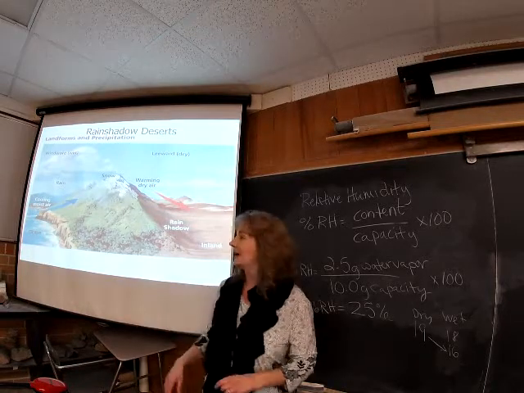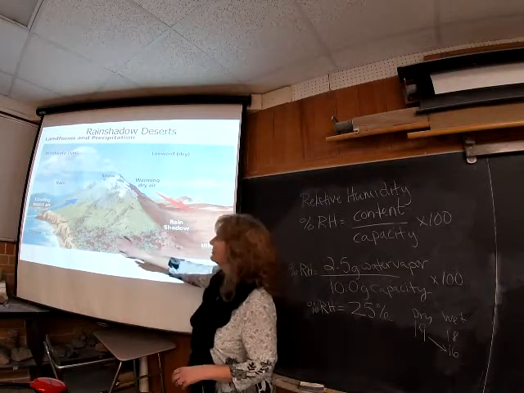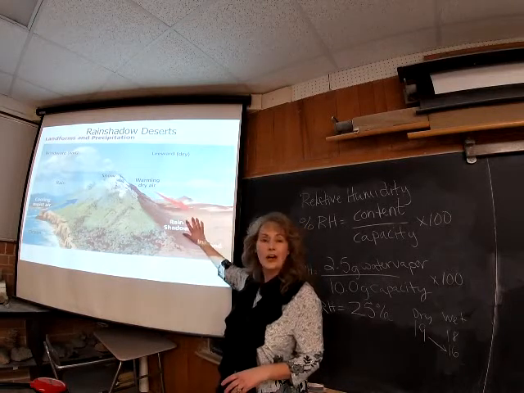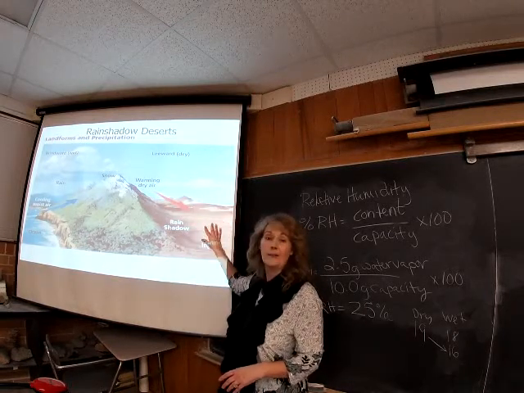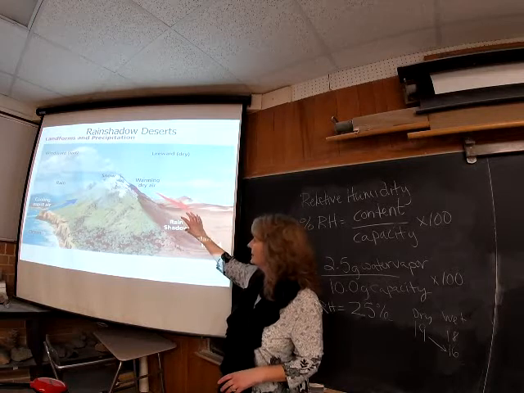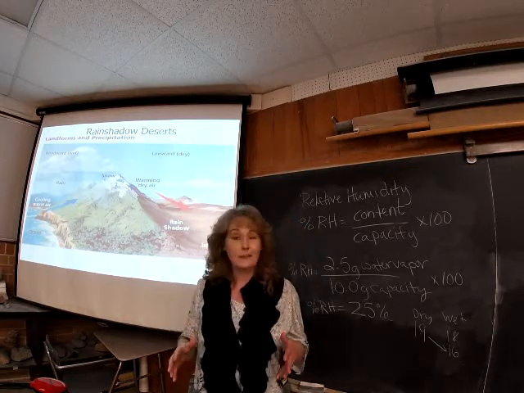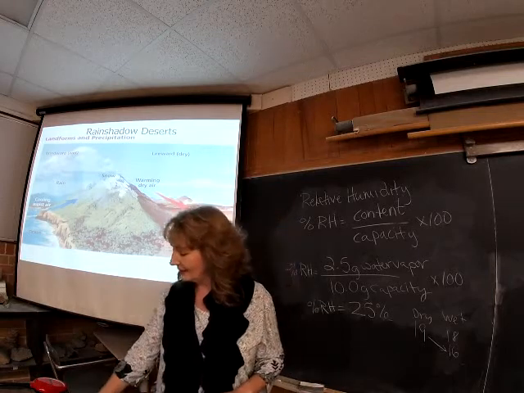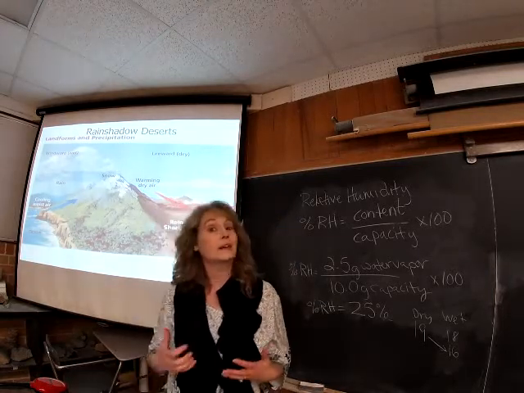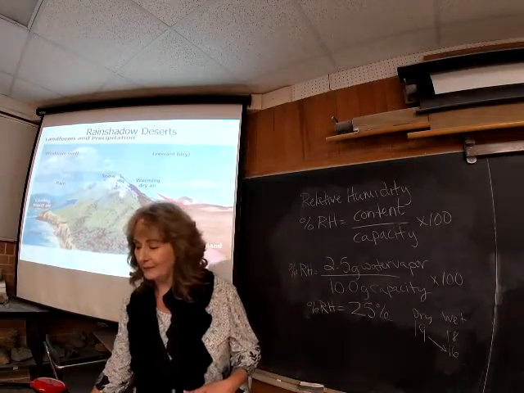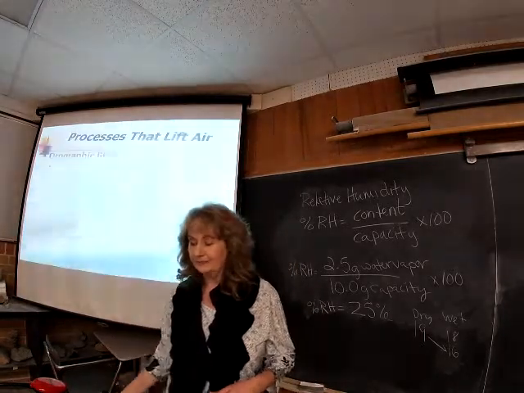So on the other side, this is the leeward side, here's your windward side, leeward side of the mountain range, you've got a desert scenario happening because that compressional warming is going to want to dry up any type of moisture. And so you can get these rain shadow deserts, we call those. We've mentioned those before, the rain shadow deserts.